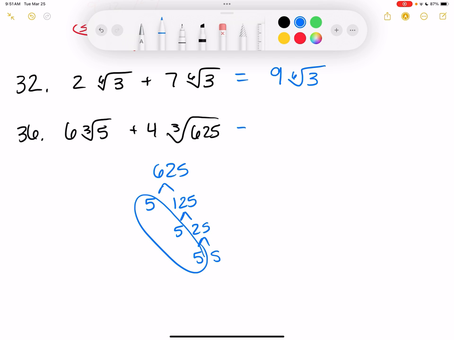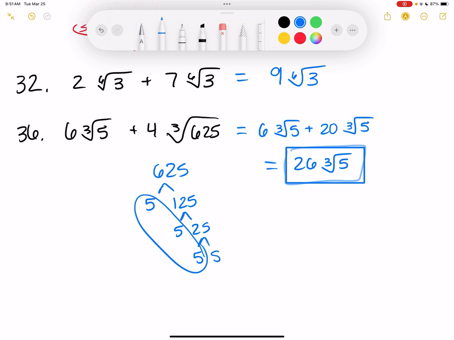So this is 6 cube root of 5 plus now 4 times 5, so 20 cube root of 5. And so I get 26 cube root of 5. Where did the 20 come from again? 4 times 5. Oh, I see.